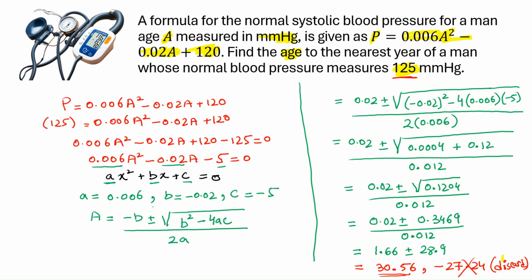We want the age to the nearest year of the man. So I have 30.56, and the closest is 31 years. So based on the quadratic formula and the systolic blood pressure of the person, we can figure out how old that man is. I hope you like this problem.